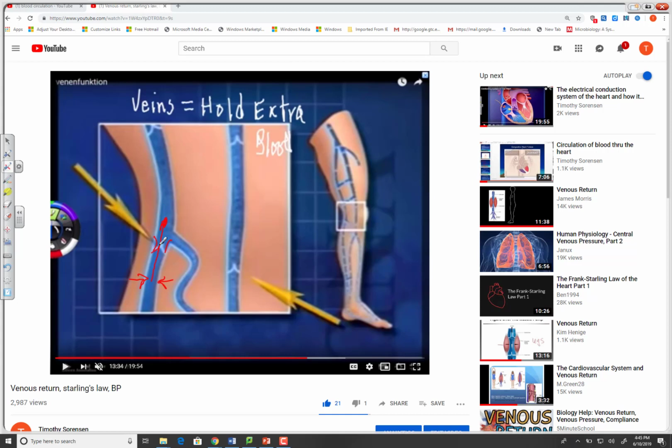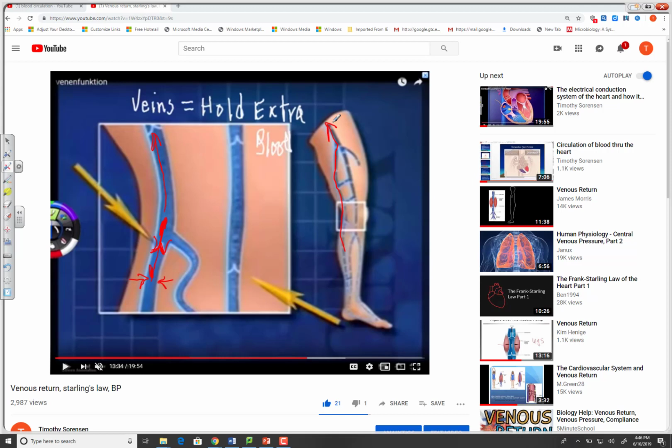And when you relax that muscle, you unsquish the vein and the valve closes, and that venous blood that was here now gets pushed up here, but it can't fall all the way back because of that one-way valve. And it is that series of contraction and relaxation of skeletal muscle that ultimately gets that venous blood back to the right side of the heart.